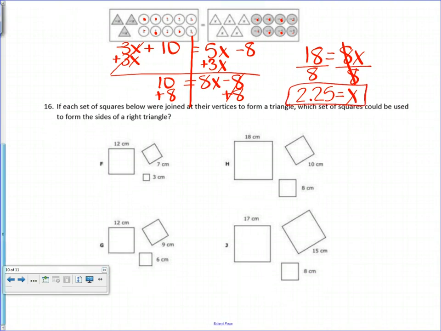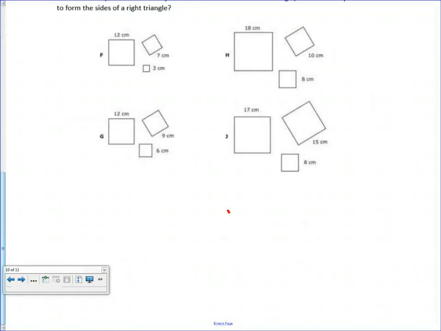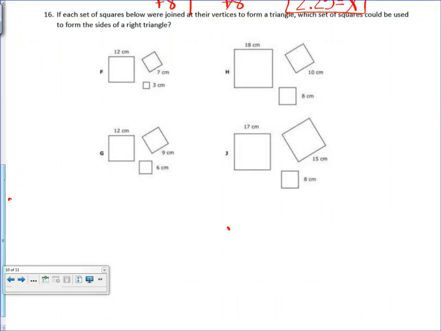Number 16. If each set of squares below were joined at their vertices to form a triangle, which set of squares could be used to form the sides of a right triangle? So here we're just seeing if the Pythagorean theorem is true. Do the 2 smaller squares, the areas, add up to the area of the largest square?